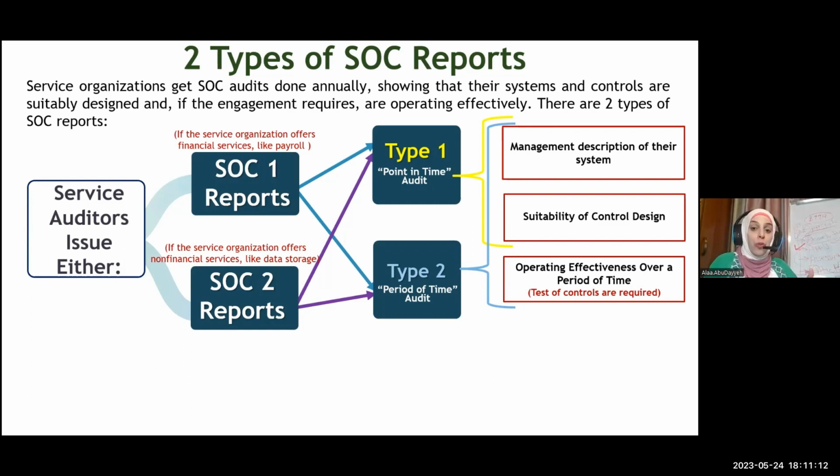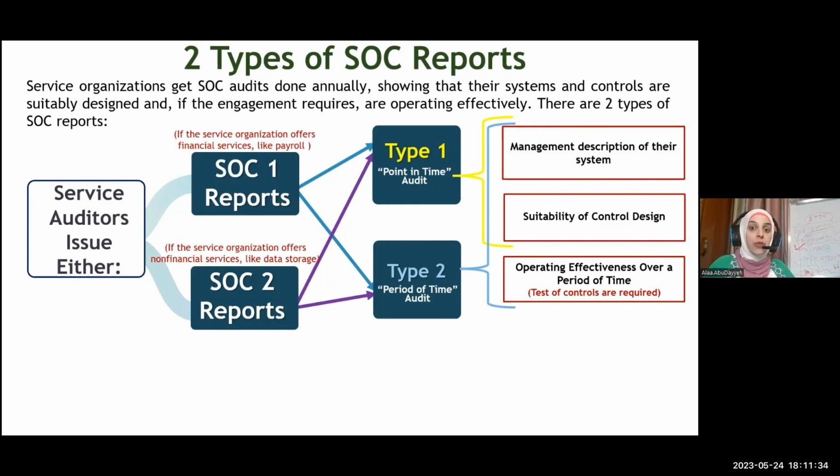under type 2 reports, the service auditor is required to test the operating effectiveness of the internal controls of the service organizations for a period of time. So this is the difference between type 1 and type 2 reports. Type 2 has an additional element.